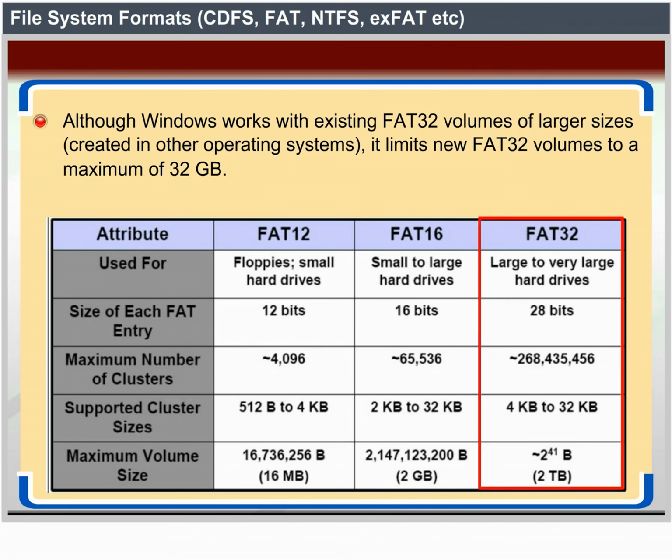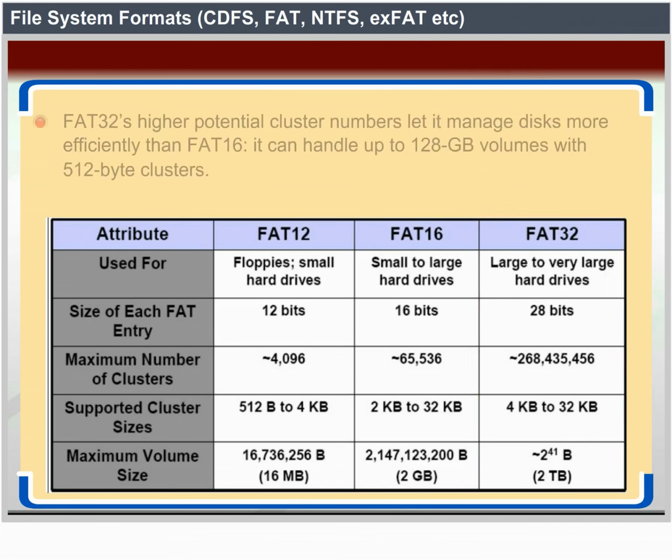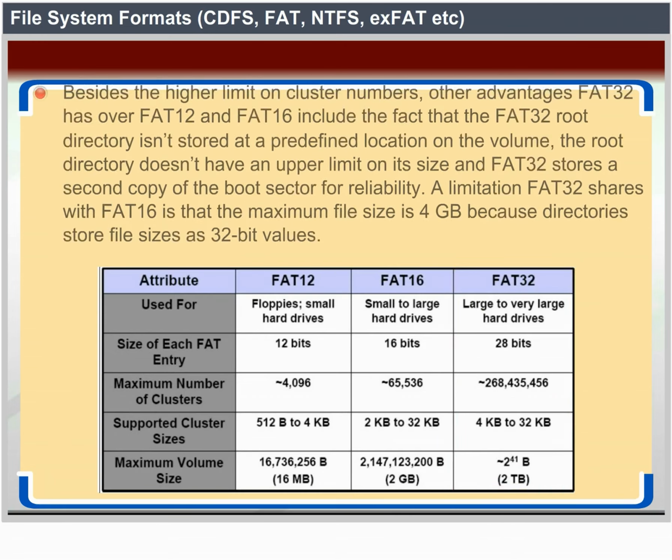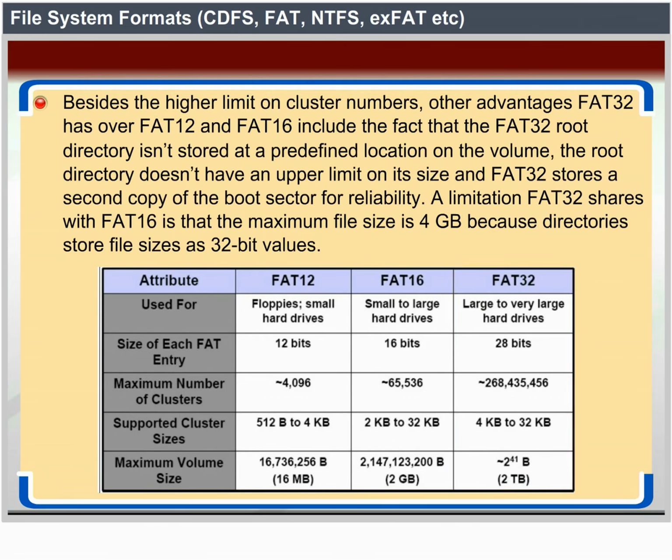FAT32's higher potential cluster numbers let it manage disks more efficiently than FAT16. It can handle up to 128 GB volumes with 512 byte clusters. Besides the higher limit on cluster numbers, other advantages FAT32 has over FAT12 and FAT16 include the fact that the FAT32 root directory isn't stored at a predefined location on the volume.